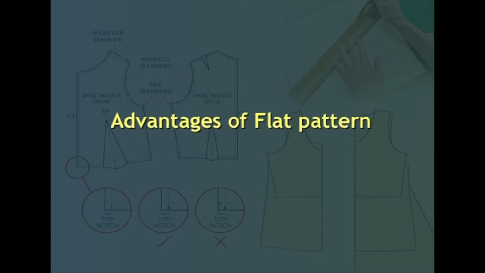The advantages of flat pattern method include: this method is based on the use of a simple pattern which is changed or modified by a specific direction to create a pattern for a chosen design.